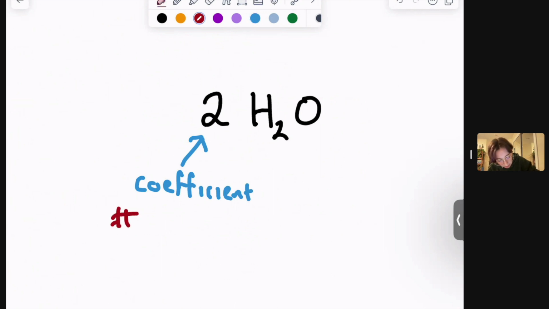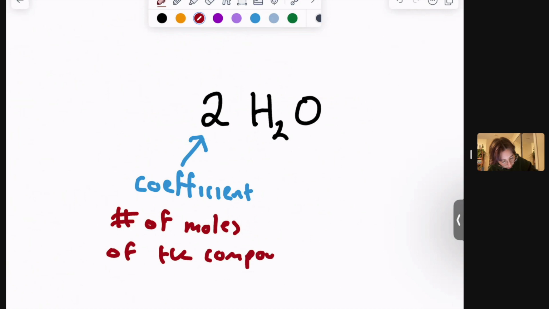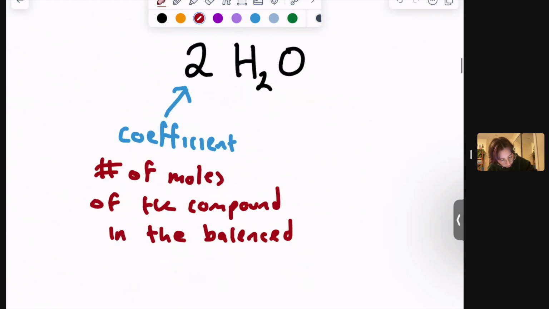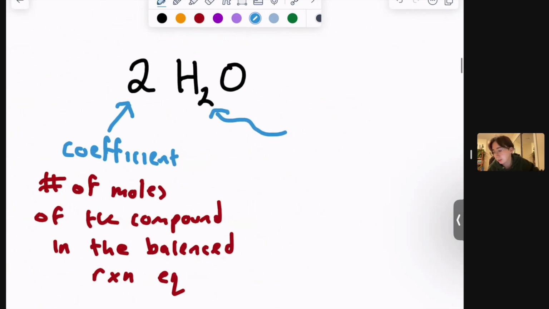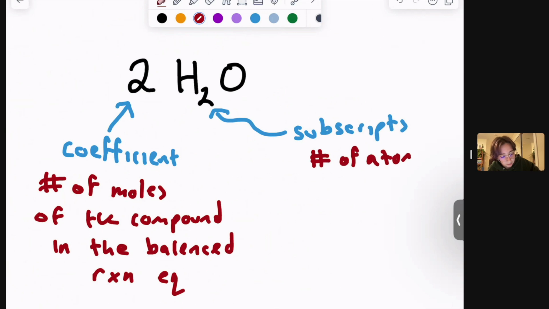It represents the number of moles of the compound in the balanced reaction equation. Hopefully, we've practiced this a good amount at this point, but if you see a little number, those are called subscripts. It represents the number of atoms per molecule.